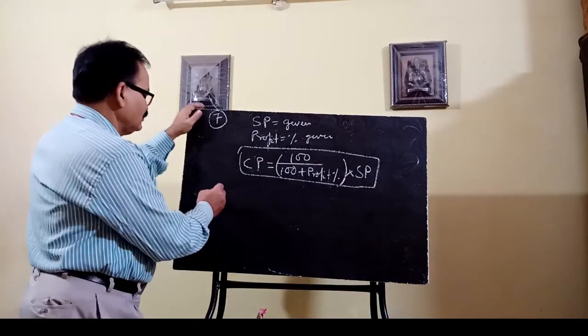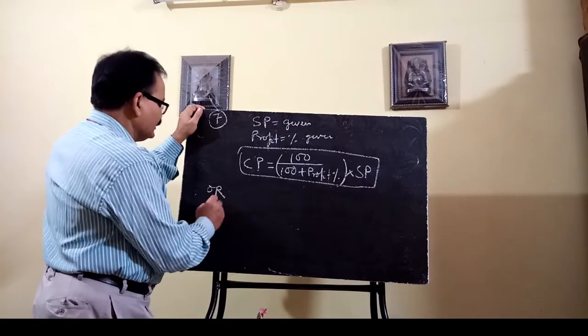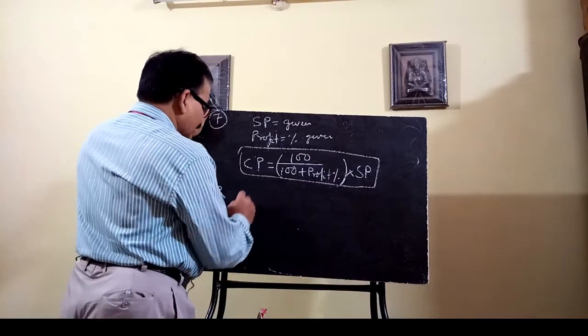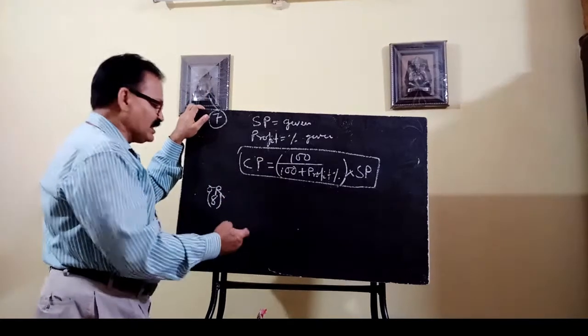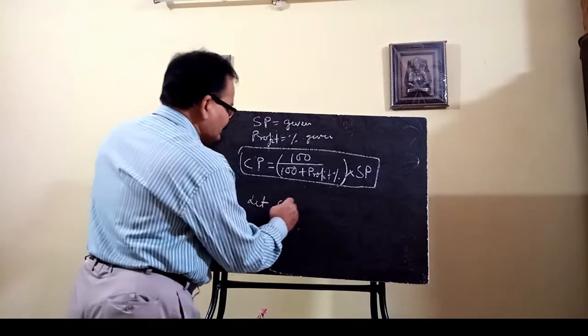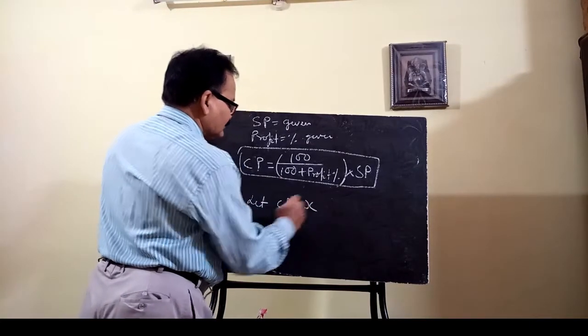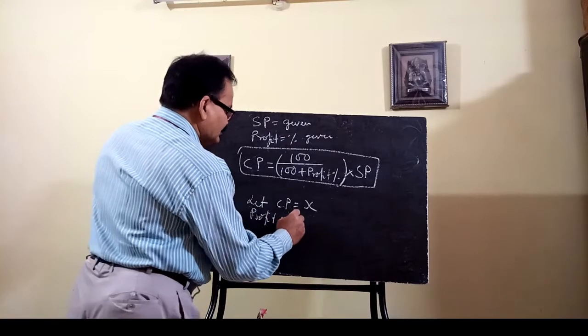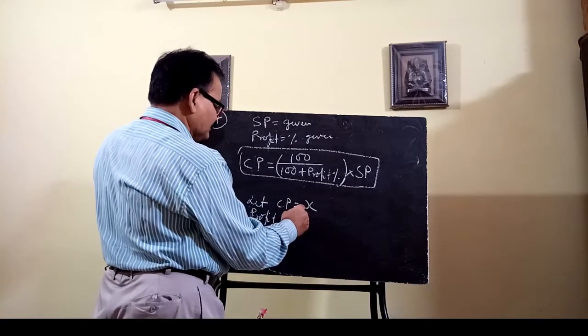Or that is another type, the second method. To find out CP, let CP equal X. Then profit percent is given.